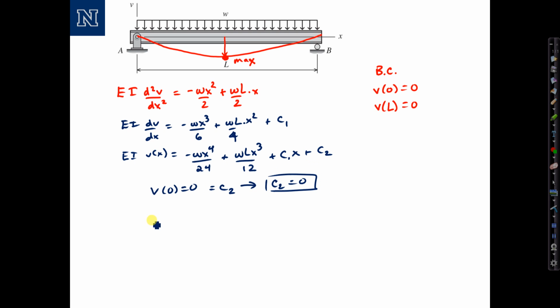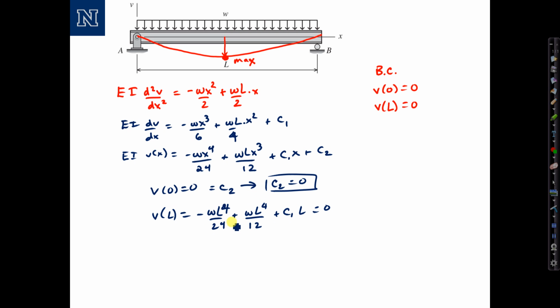Second boundary condition, v of L equals 0. We'll set that equal to negative wL to the 4th over 24 plus wL times L cubed, sorry, this should be wL to the 4th over 12, plus C1 L equals 0.